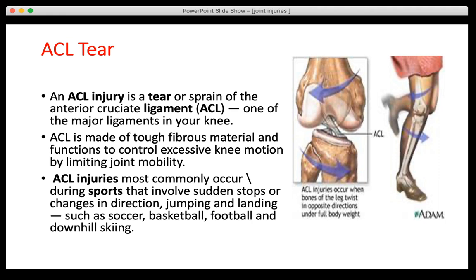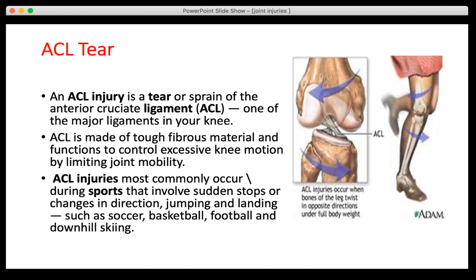It is basically a tear in the ligament, and the anterior cruciate ligament is one of the major ligaments which holds your knees, and it is made of tough fibrous material. Its main function is to control your knee motion. That means it will limit your motion so that bone cracks or joint problems don't occur in normal situations.